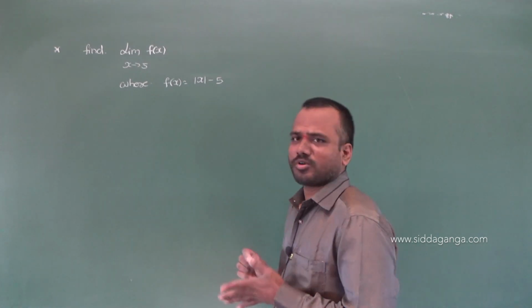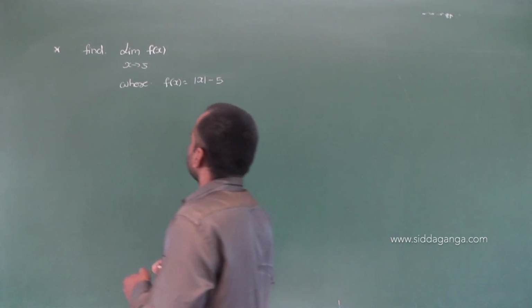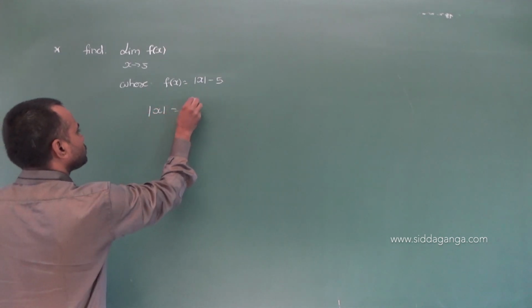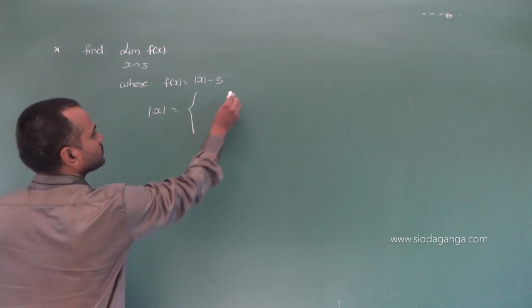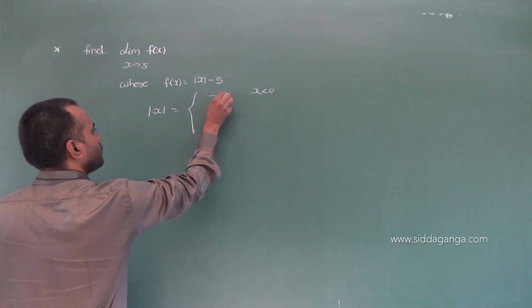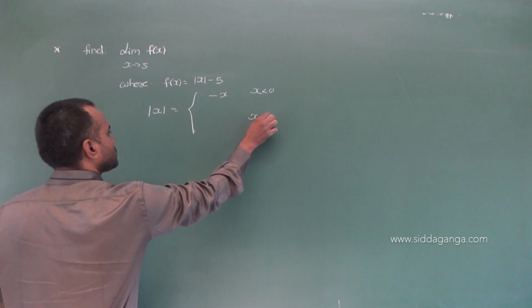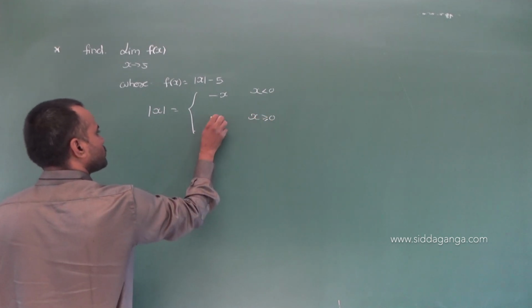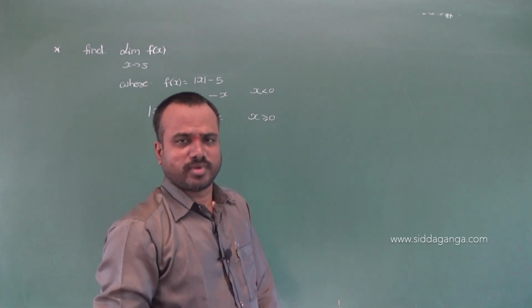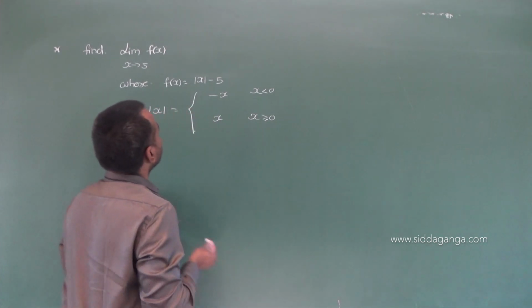Very simple problem. First we write mod x: for x less than 0 it is minus x, and for x greater than or equal to 0 it is plus x.